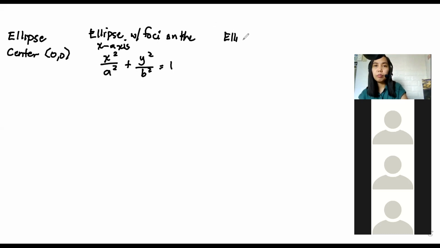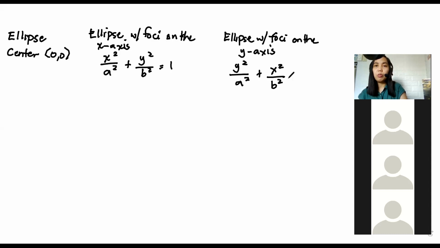If the ellipse has foci on the y-axis, the standard form is y squared over a squared plus x squared over b squared equals 1.